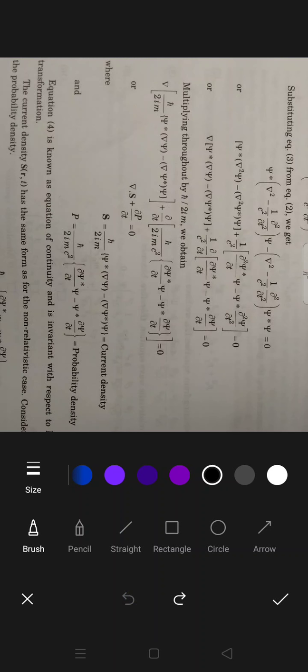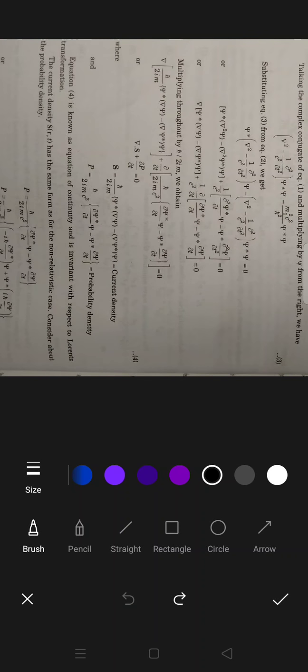Here S is defined as the current density, and here rho is defined as the probability density. This equation is called the equation of continuity and is invariant with respect to Lorentz transformation.